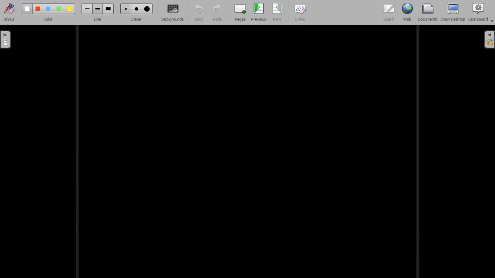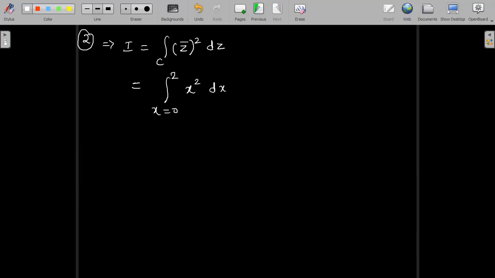So substituting in equation 2, this gives us I is equal to integral over C of z bar the whole square dz, which is equal to the integral for x from 0 to 2 of x square dx, plus the integral for y from 0 to 1 of 4 minus y square minus 4iy, the whole thing into i dy.